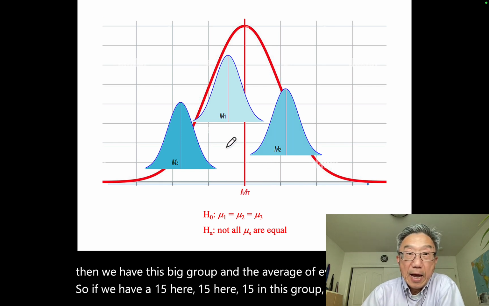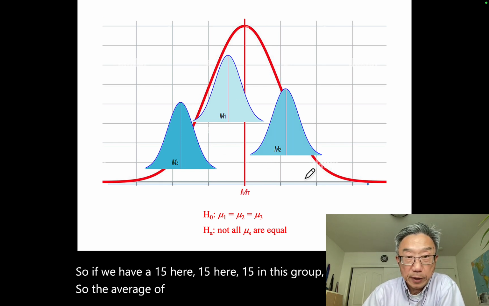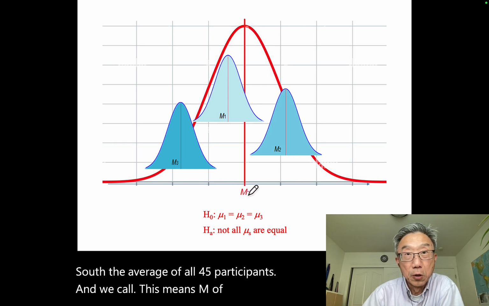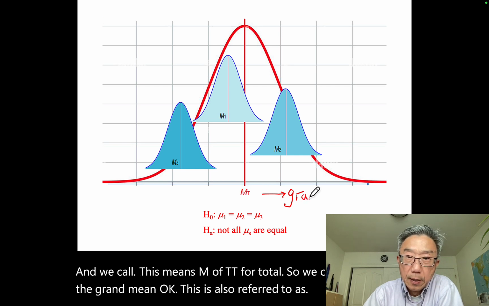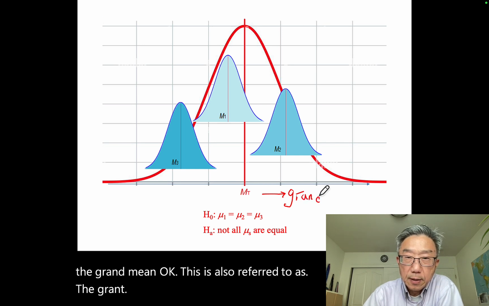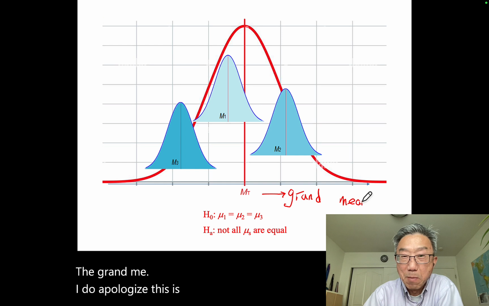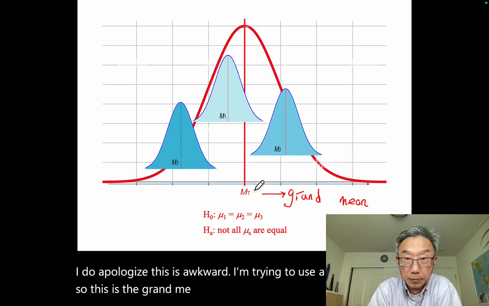So the average of all 45 participants, we call this mean M of T, T for total. We can also call this the grand mean. I do apologize, this is awkward. I'm trying to use a mouse to write. So this is the grand mean. We call it M of T.